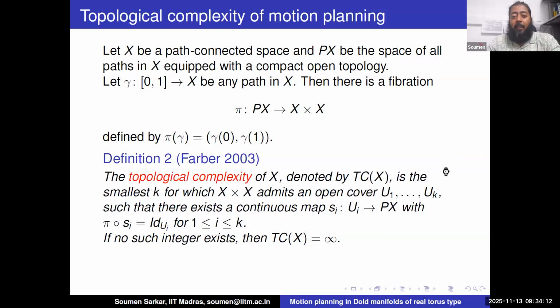Why it is called complexity: given two endpoints, can we have some continuous motion? From that concept, this definition is very important.